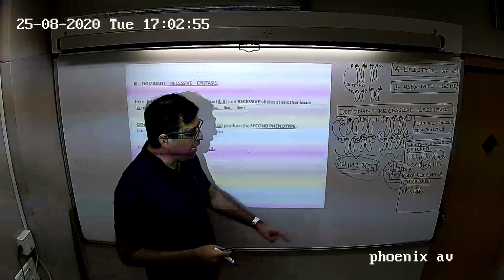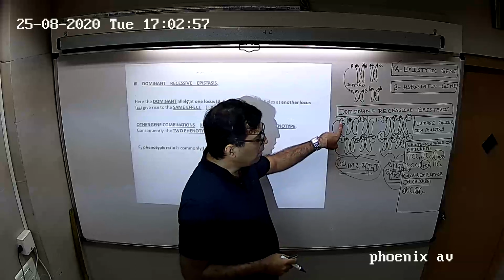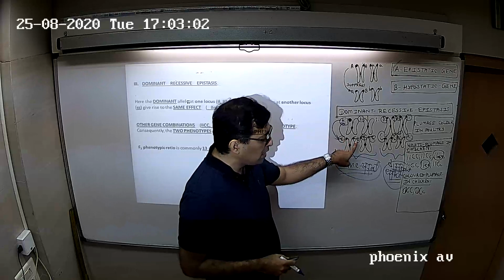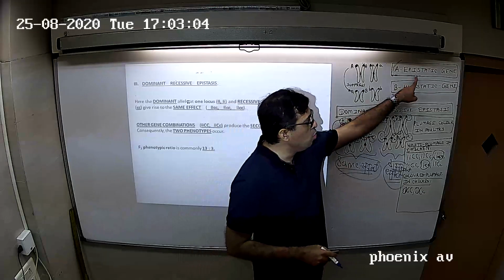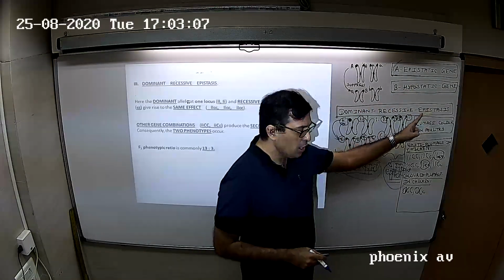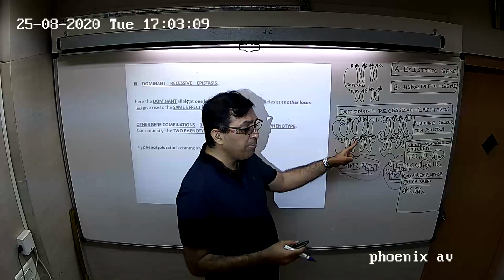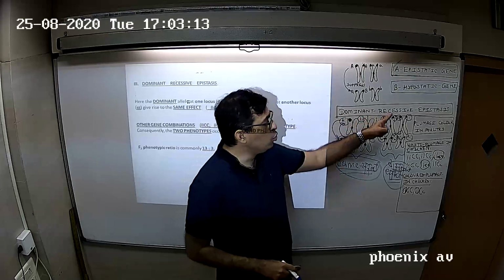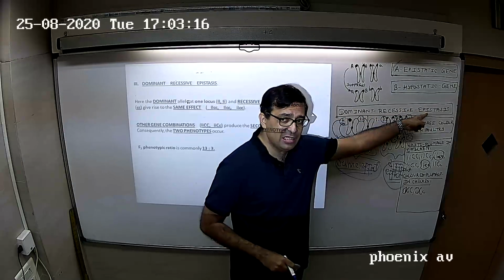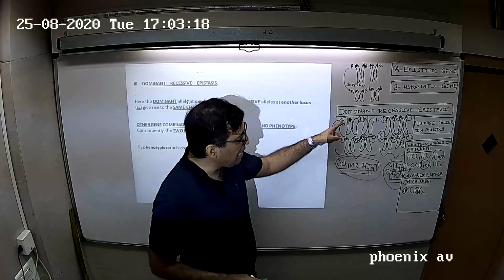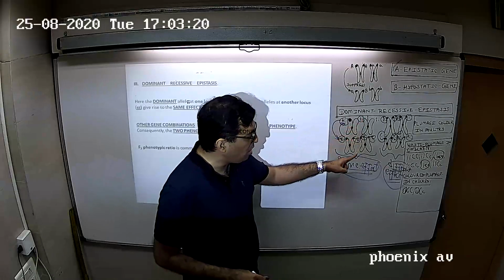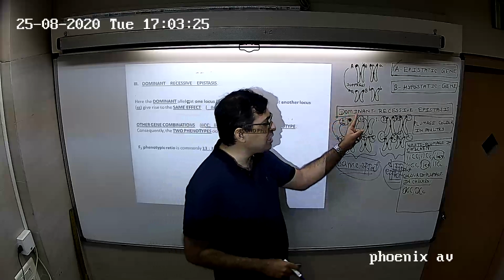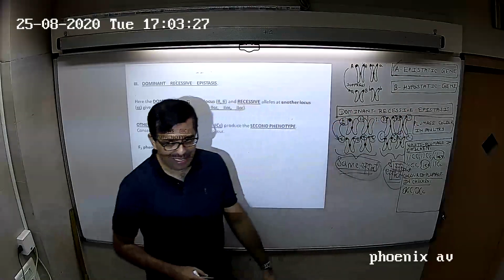But importantly, there is no capital I becoming epistatic over small c, so no dominant epistasis, no small c becoming epistatic over capital I, no recessive epistasis, rather the capital I, small c show the same effect. So it is called dominant recessive epistasis.